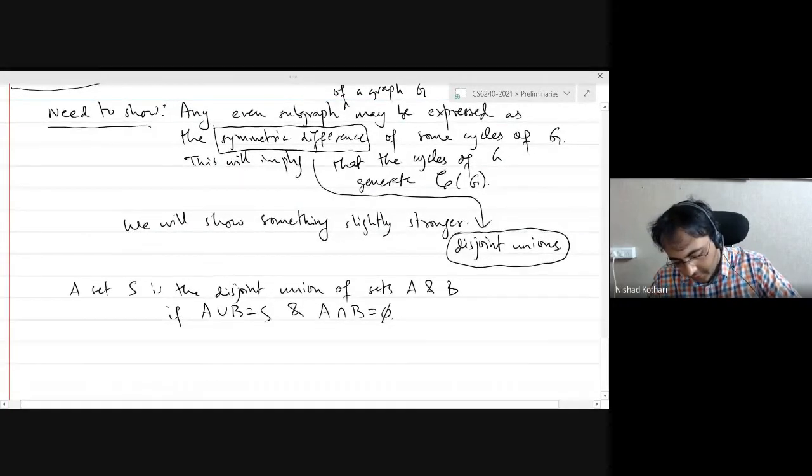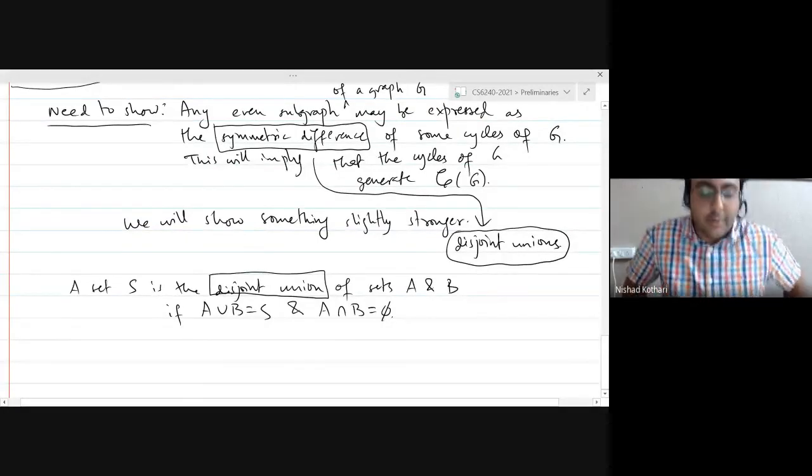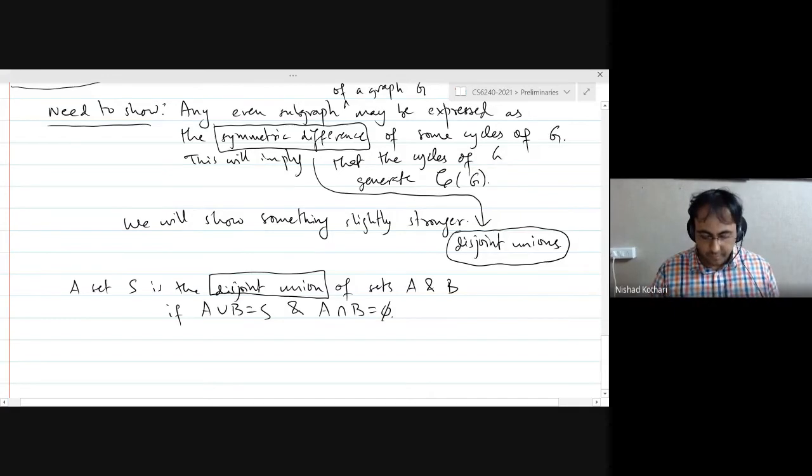So disjoint union is a fairly overloaded term. It says that it's the union, but it also tells you something about the terms that were used to obtain that union. In particular, they have to not have any intersection, right? And if you take a bunch of things, then it means that no two elements can have anything in common, right?